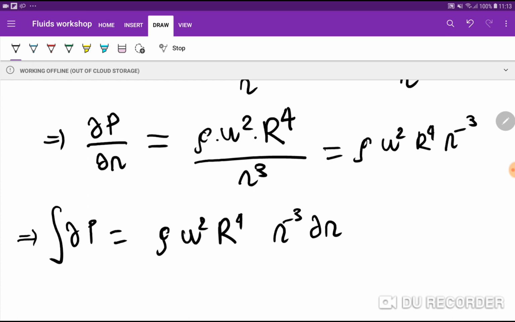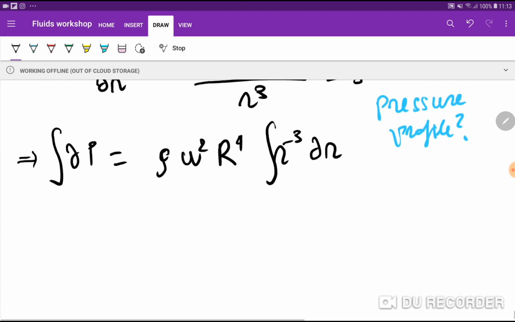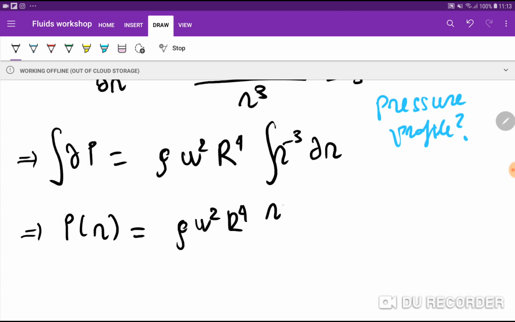And if you integrate both sides, again, the goal is to find a pressure profile. Okay, we try to find a pressure profile. If you integrate both sides, you get pressure as a function of r equal to ρ ω² R⁴ times r to the -2 over -2 plus C1.